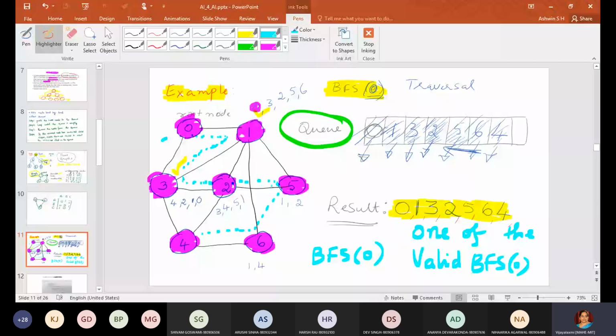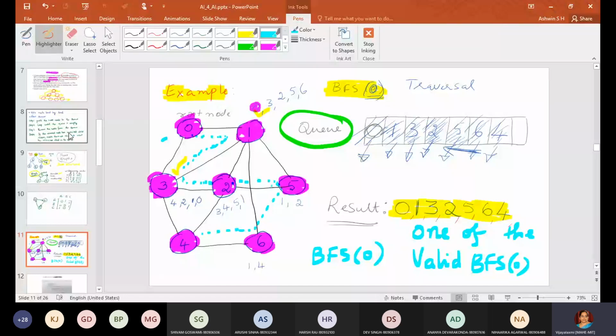Here I have just taken a simple 7 vertex graph and explained how we can do BFS for a simple graph or tree.